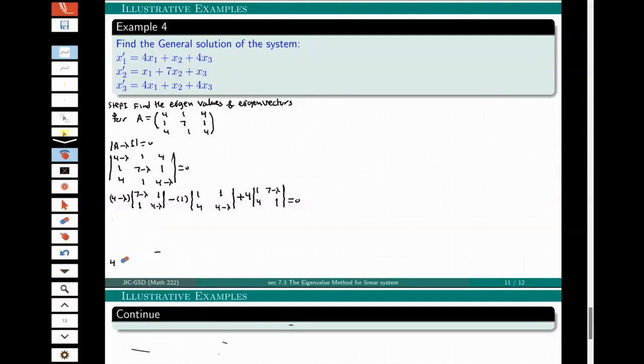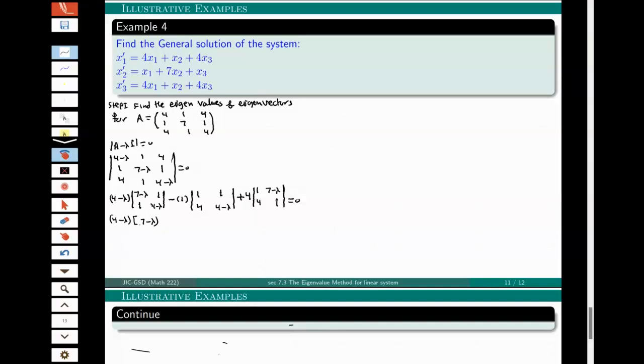What I have here, it's 4 minus lambda and 7 minus lambda, 1, 4 minus lambda, that is okay, minus 1, that is 1, okay, everything is perfect now. So I'll say this is 4 minus lambda.